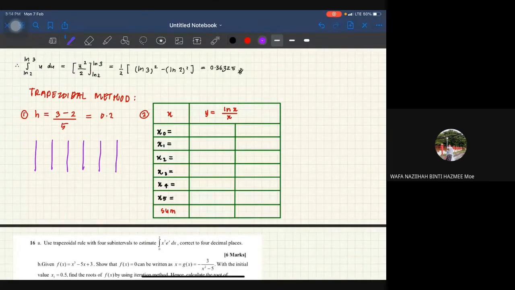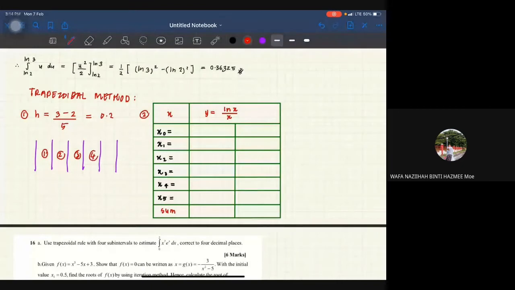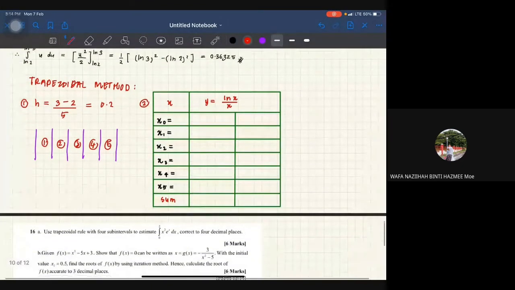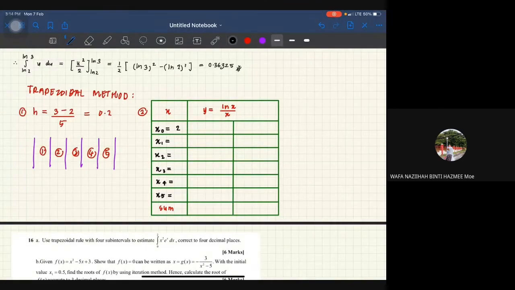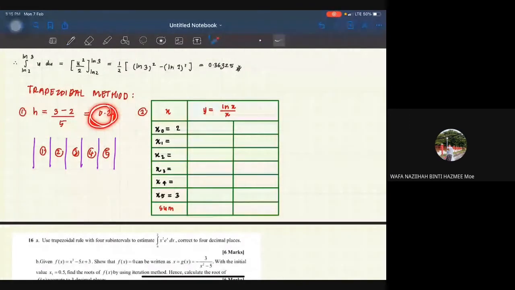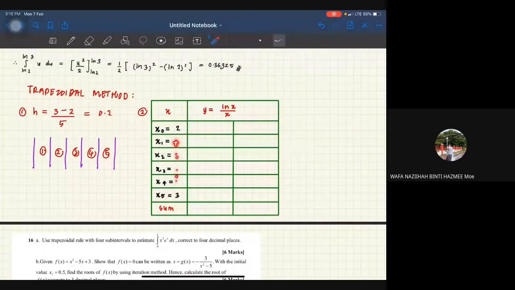Okay, so bila dia ada 6 garisan, dia akan ada 5 sahaja trapezium. 1, 2, 3, 4, 5. Macam tu. Okay, so nilai X0 kita dia akan start with our lower limit. So our lower limit is 2. And then our upper limit is 3.